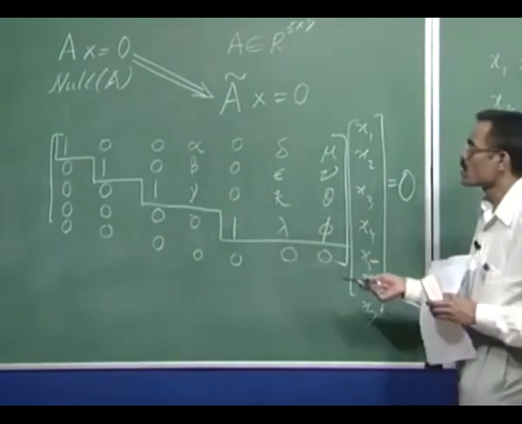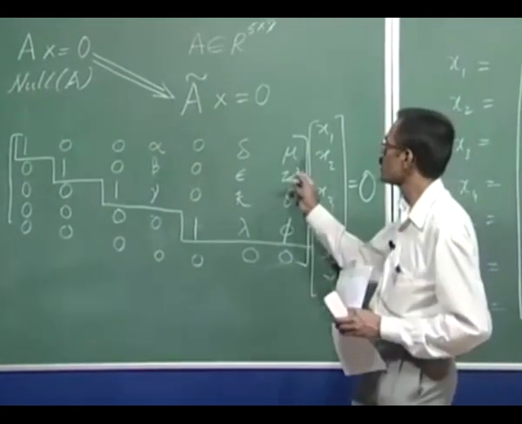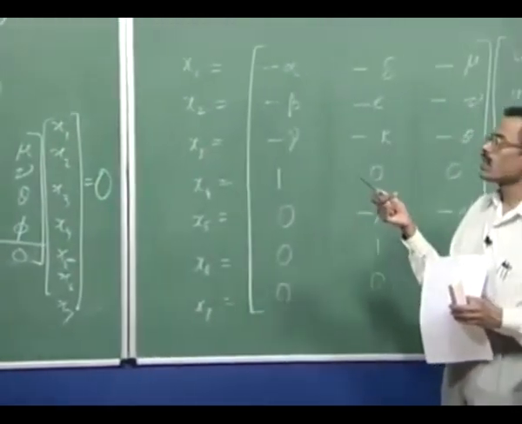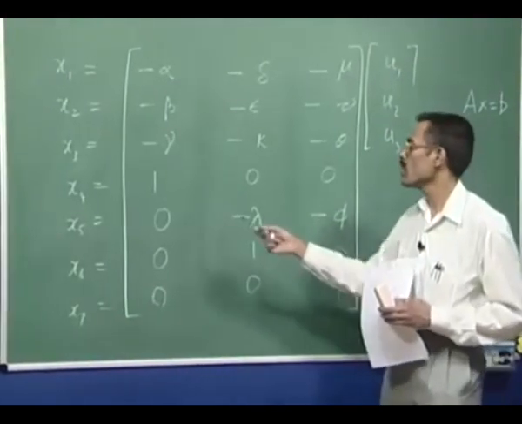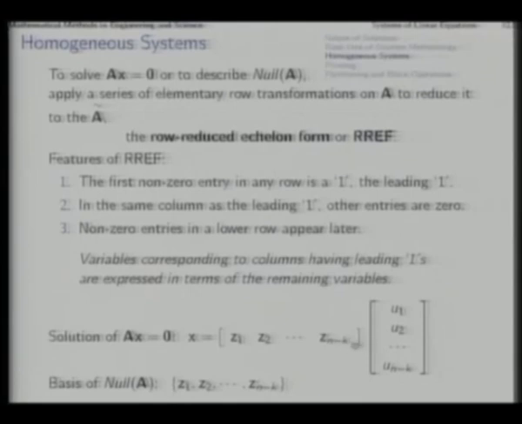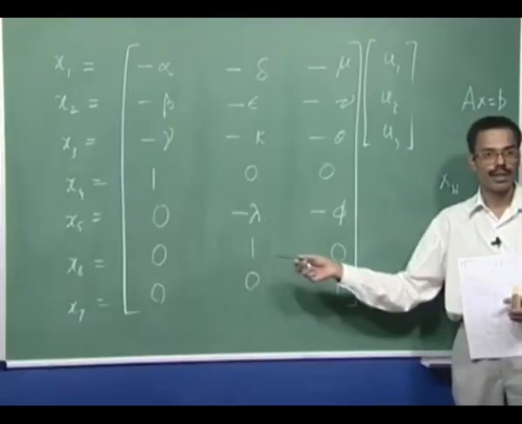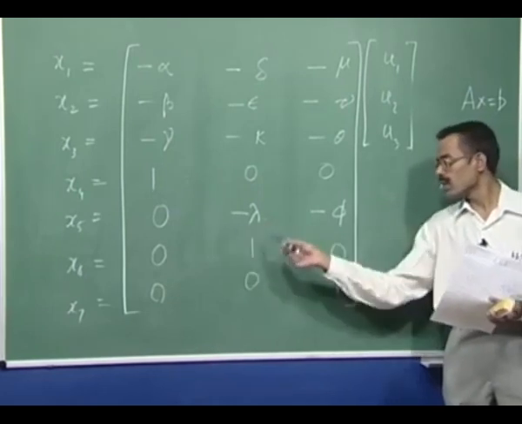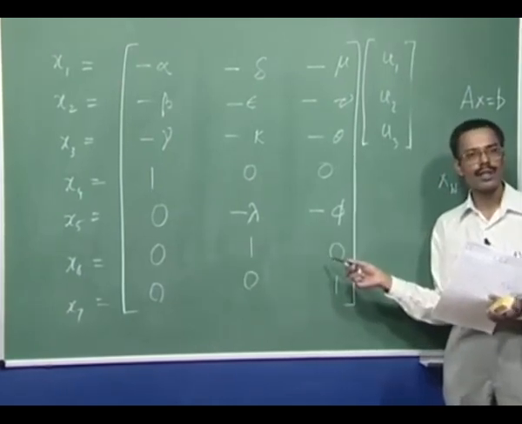So, that means that rank is 4, and rank plus nullity will be the number of columns here. In this case the nullity is 3, that means null space will have 3 linearly independent members. So, in this case k is 4, n minus k is 3, and so you have 3 arbitrary values u1, u2, u3 to choose, and these vectors sitting here will give us a basis for the null space, because null space has 3 linearly independent members, and these are 3 such members.